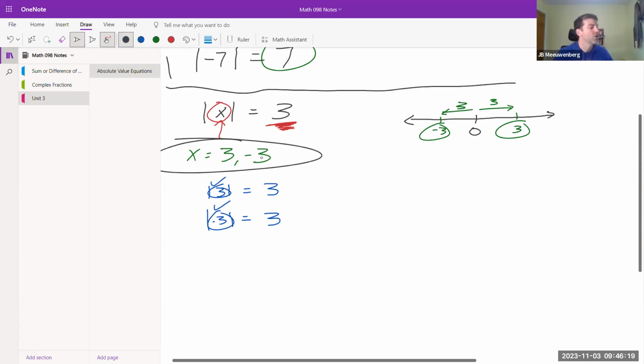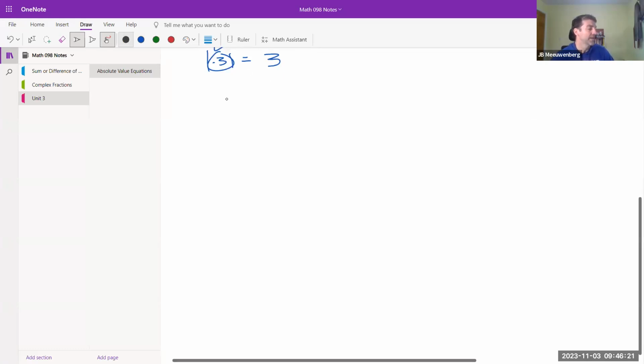All right, well, let's look at ones that have a more complex expression inside of the absolute value. So let's say we have 2x minus 1, and that expression is inside the absolute value bars. Let's say that's equal to 5. Well, this isn't one that we can really sketch out on a number line and just figure out.